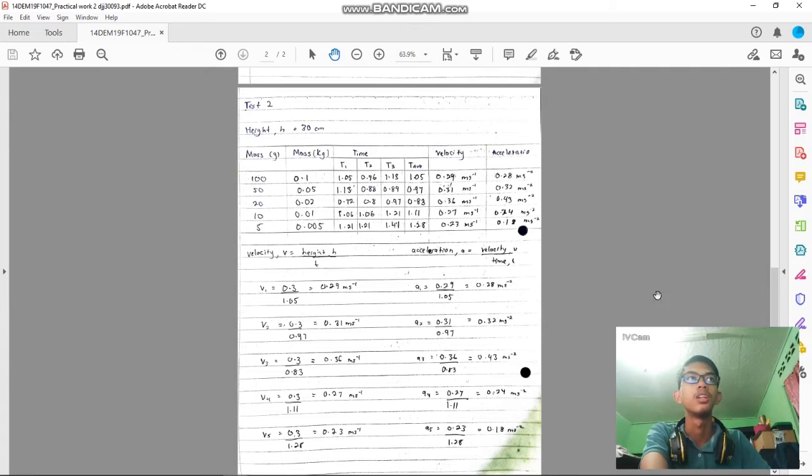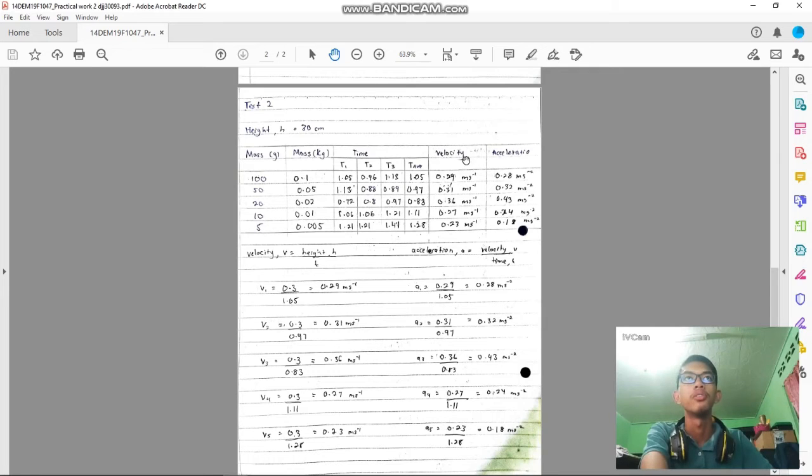From the experiment that we did, we get these times, and we add all the times and divide by 3, and we got 1.05 for 100 gram. For 50 gram we got 0.97, for 20 gram we got 0.83, for 10 gram we got 1.11, and for 5 gram we got 1.28.